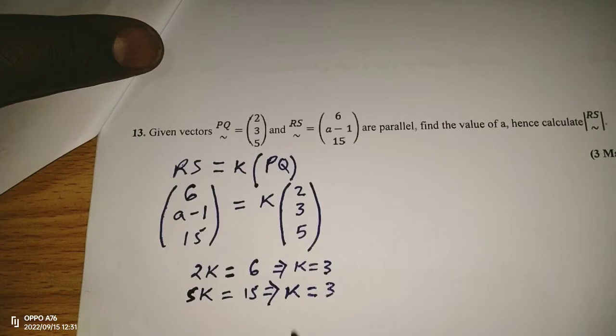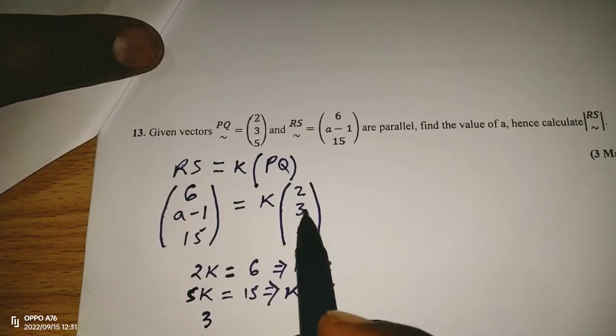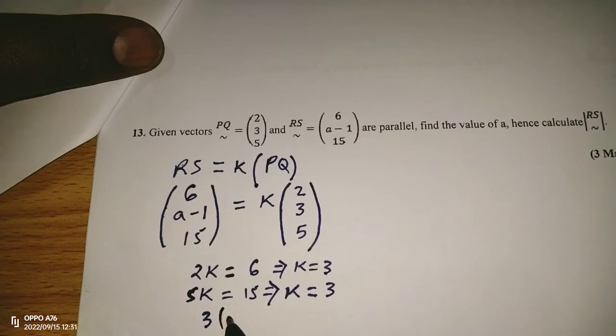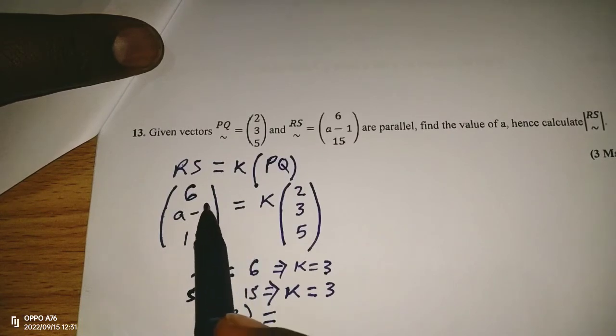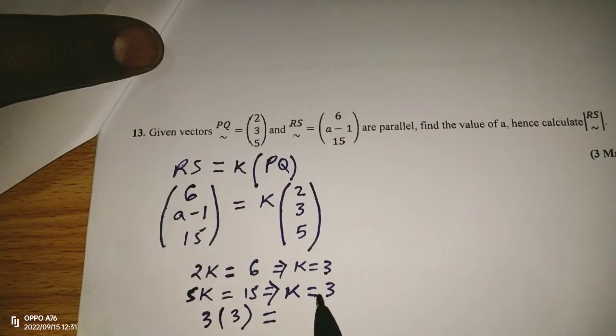So definitely the y components in these vectors are related using the same scalar multiple. Therefore, K, which is now 3, when we multiply it with the y component of PQ, which is also 3, we get the y component of RS, which is A minus 1.